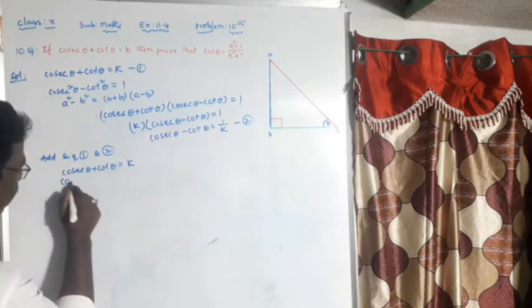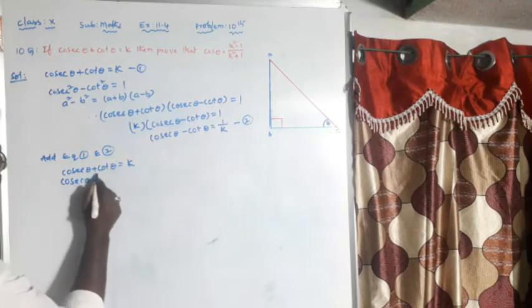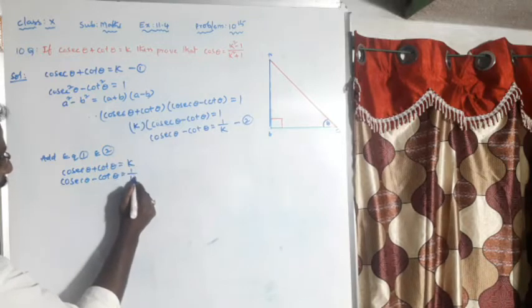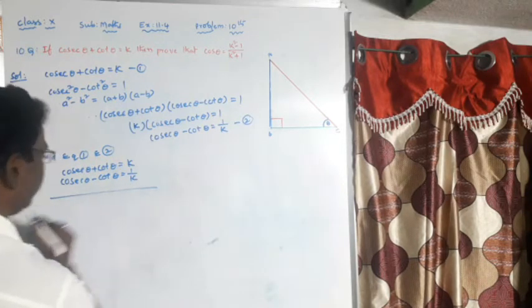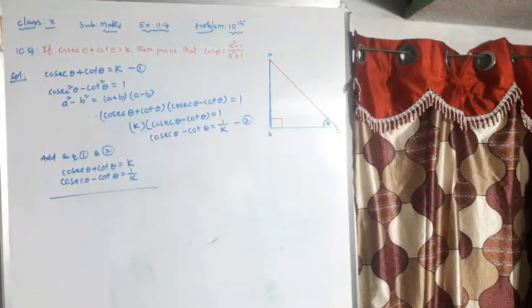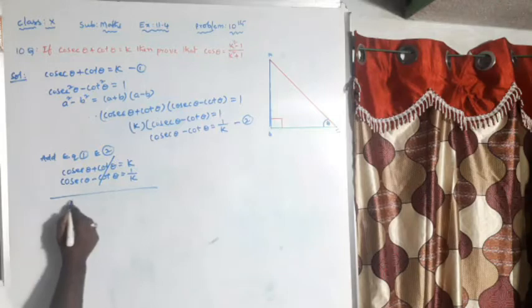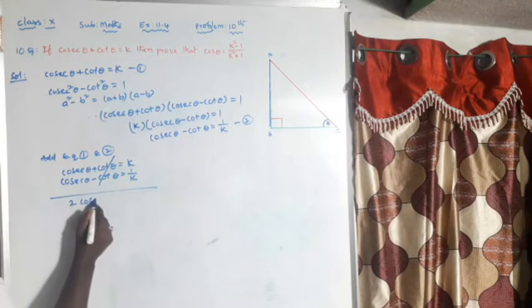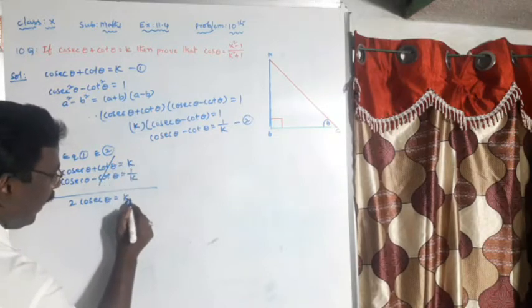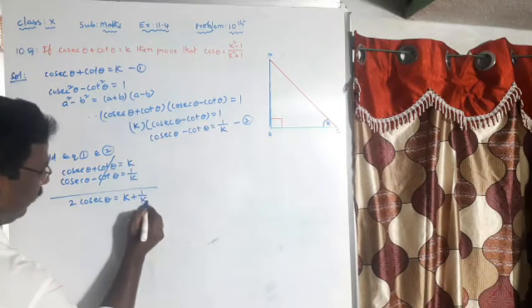Cosec theta minus cot theta is equal to 1 by k. Now you can draw a line. In first equation plus cot theta there. In second equation minus cot theta there. You can cancel them. Now cosec theta plus cosec theta is equal to 2 cosec theta is equal to k plus 1 by k.